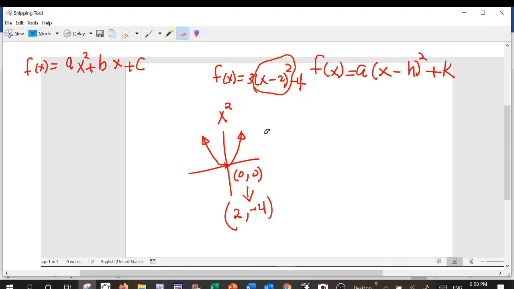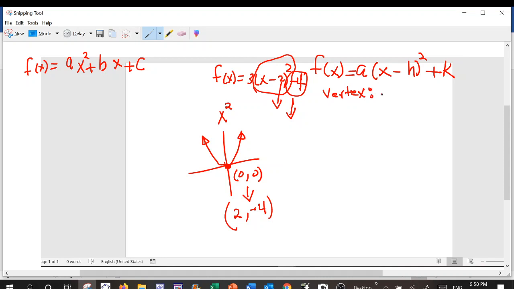So the x coordinate of this point, which is the vertex, called the vertex of the parabola, goes to this point, 2, -4. And 2, -4, we could get it from here. See, 2 and -4.